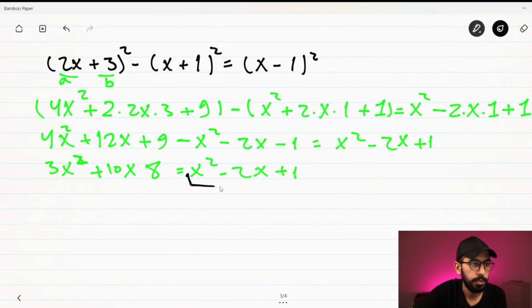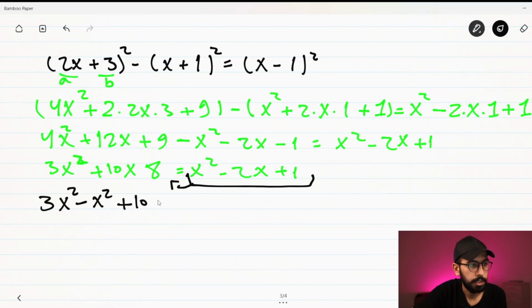Now we need to move all of them to the other side to make it an equation with a 0 on one side. So it will be like that, 3x squared, and this x squared is positive here, but on the other side it will be negative, minus x squared, positive 10x.